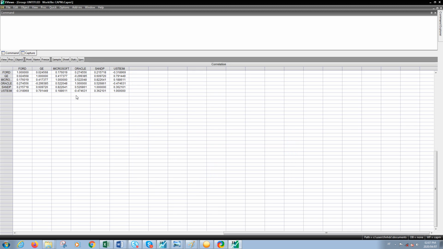Now you've got your matrix, and you need to cross-reference it. It's fairly self-explanatory. If you want to see what the correlation between Ford and Microsoft is, you cross-reference it: the correlation between Ford and Microsoft is 0.76. The correlation between General Electric and Oracle is minus 0.299.